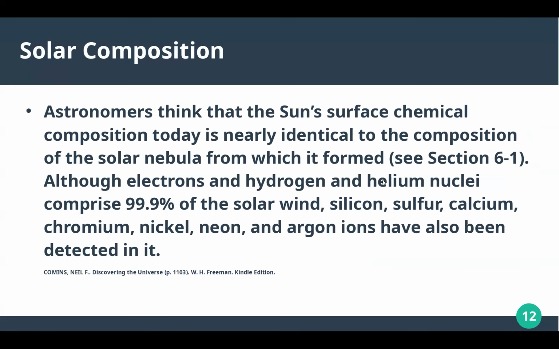Astronomers think that the sun's chemical composition today is nearly identical to the composition of the solar nebula from which it formed. Although electrons and hydrogen and helium nuclei comprise 99.9% of the solar wind, silicon, sulfur, calcium, chromium, nickel, neon, and argon ions have also been detected in it.